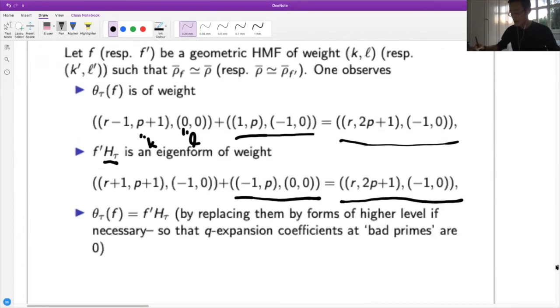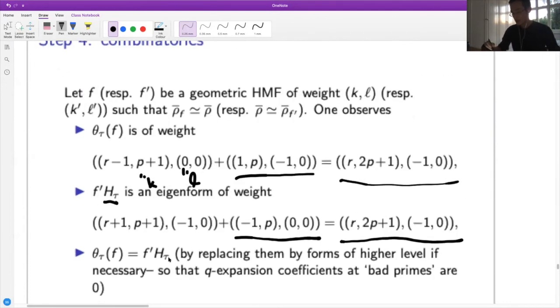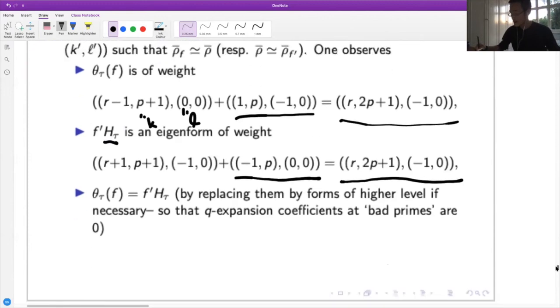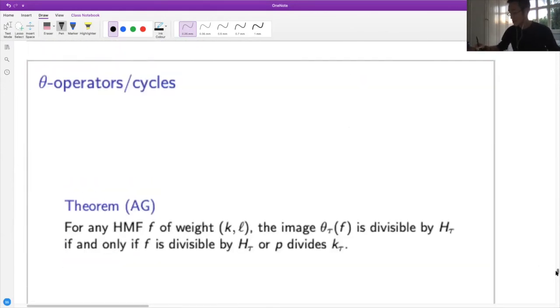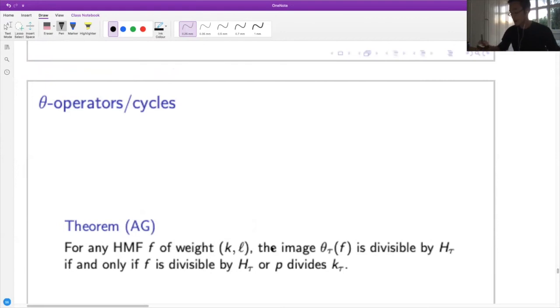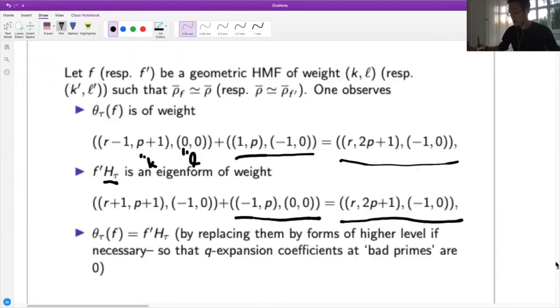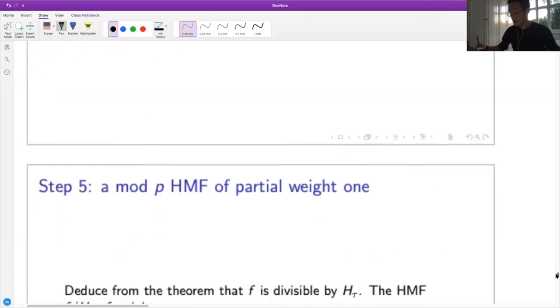So going back there, H tau divides theta tau f because of this inequality. So that leaves me that either p divides the weight of f, or the Hasse invariant H tau divides f. And as it turns out, the weight of f is r minus 1, k tau is r minus 1, which is not divisible by p. That means that f needs to be divisible by the Hasse invariant at tau.